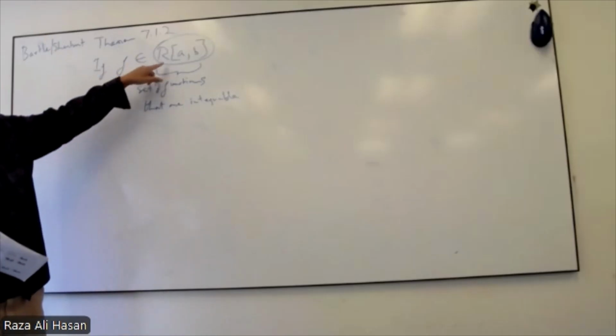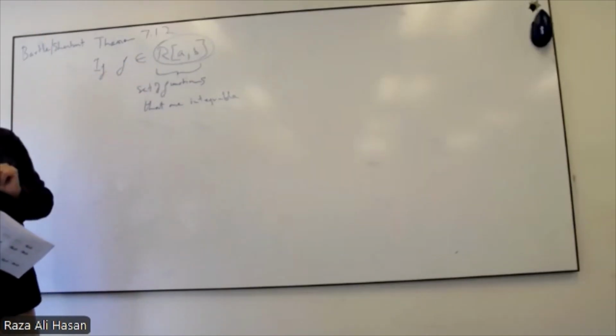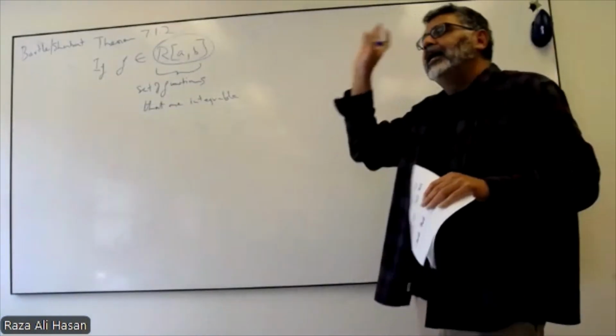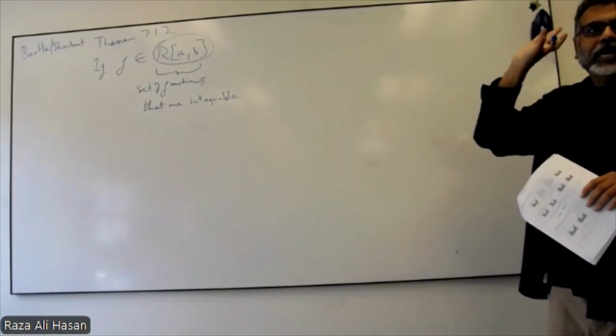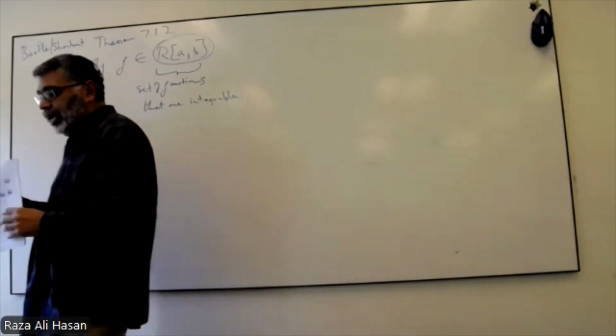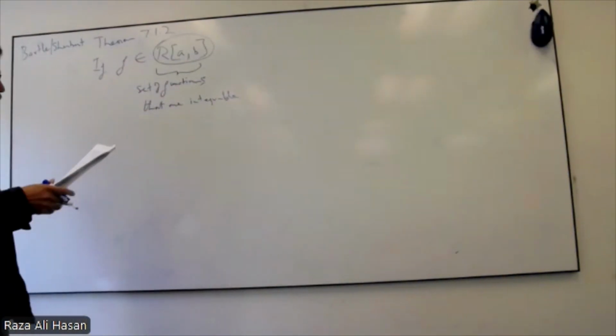If f belongs to this set, then we can calculate f's exact area under the function. The region under that function, we can calculate its exact area. All right, so that's what that means.